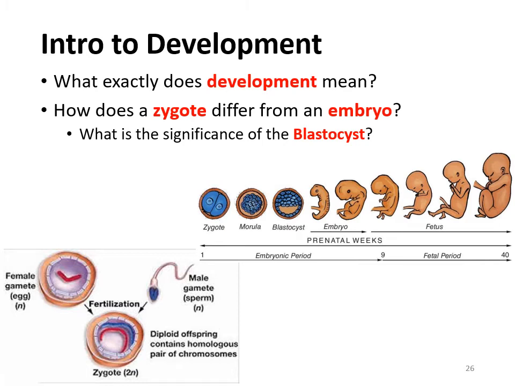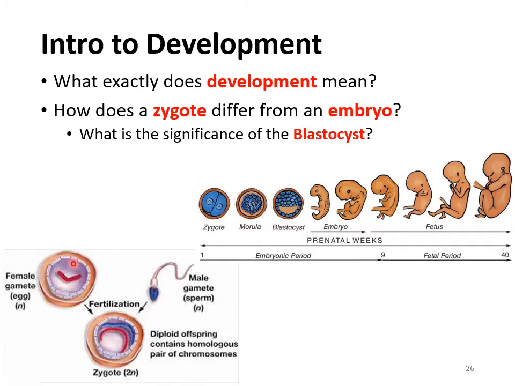Now, with that, there's some terminology I want you to know, because sometimes people accidentally misuse certain terms within development. The first term I want you to know is a zygote, and you see zygote here and also here. A zygote is the unicellular, single-celled fertilized egg.